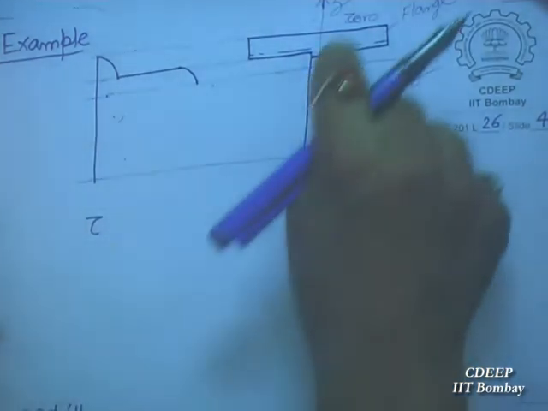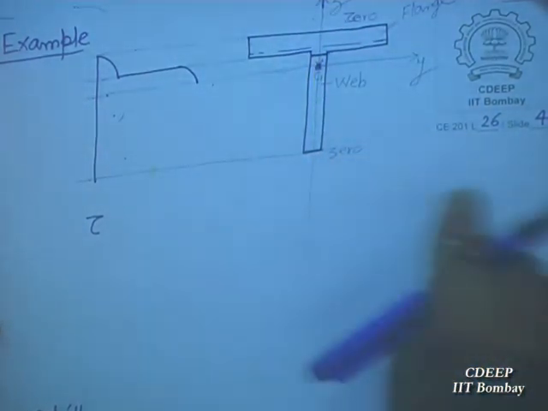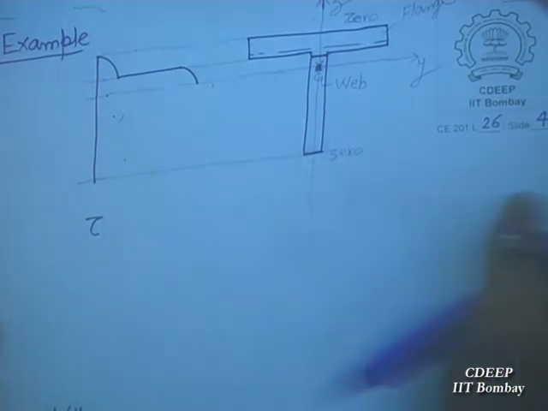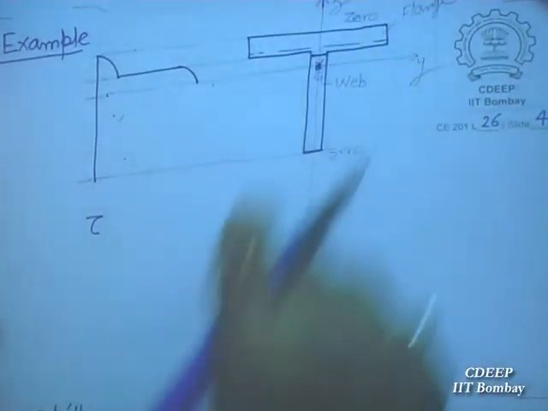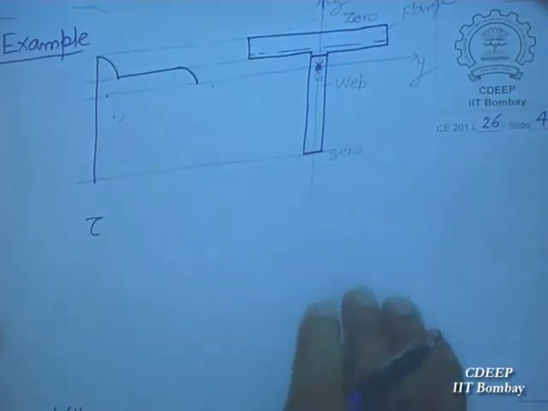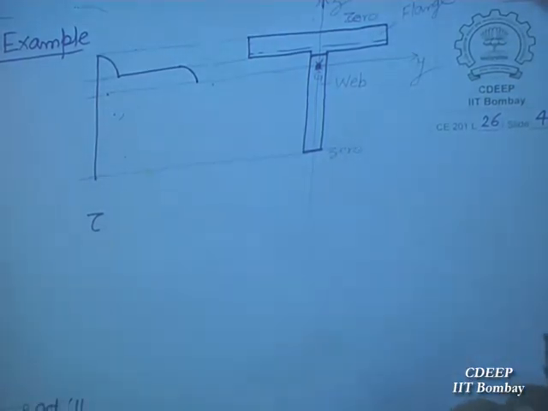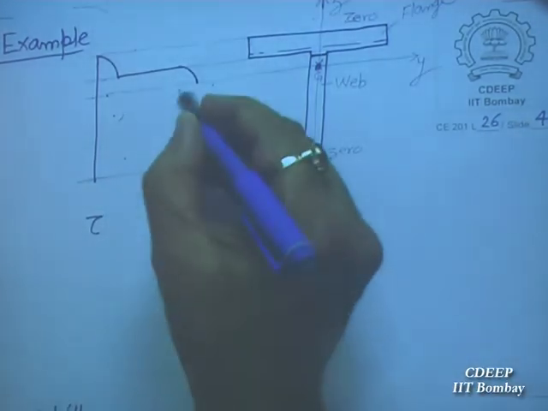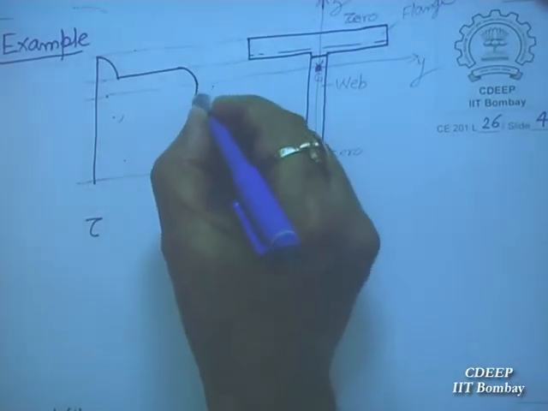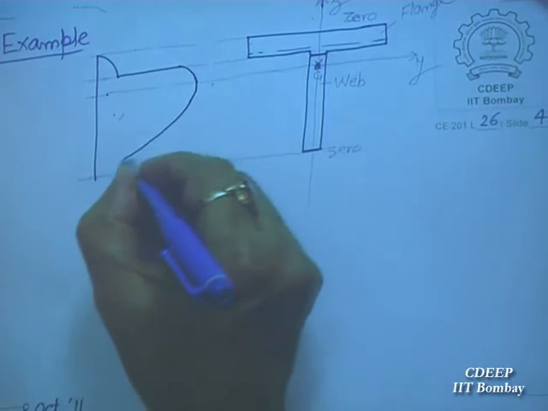Please write down, derive the formula, write down the expression for Q and do it for every ordinate. Only Z is the variation, nothing else. And then it will vary, it will come again.